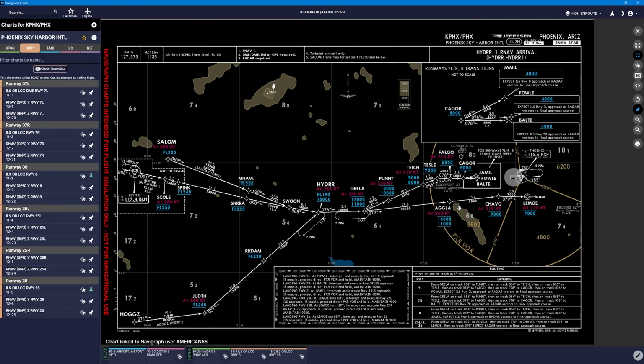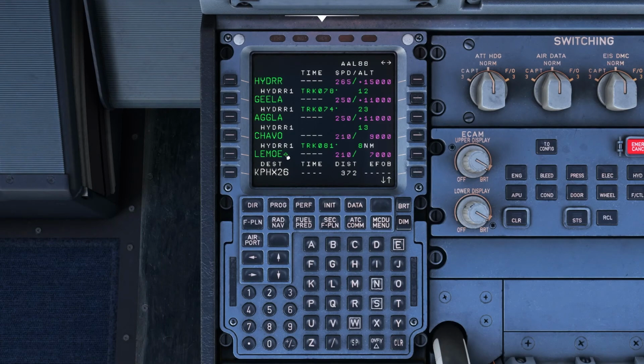Pretty much straight ahead or kind of up over here to line up with the runway 8 and those runways. So I'm expecting the next waypoint to be Agla, Chavo, and then Limo. So we come back here, let's take a look. There it is, Agla, Chavo, Limo.